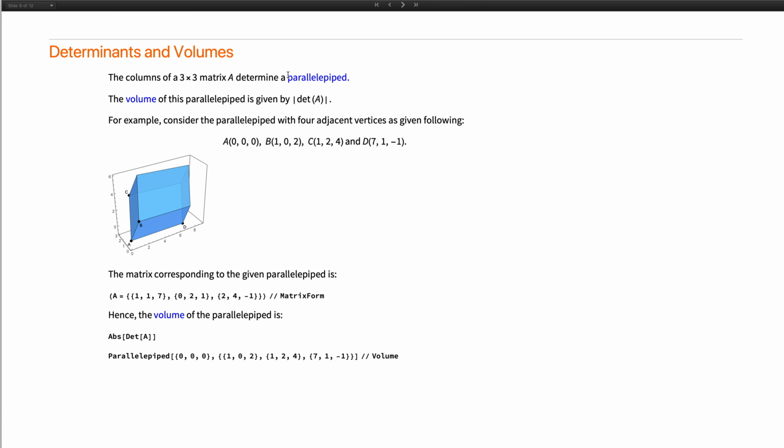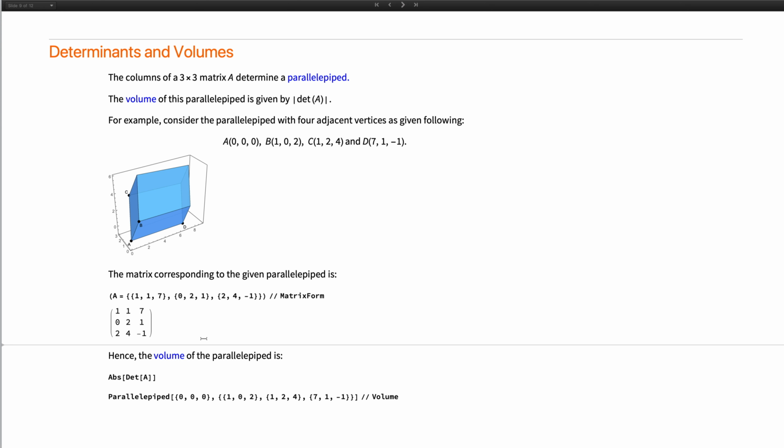Let's say in 3D, you have a parallelepiped which is determined by a matrix A. Then the volume of this parallelepiped is given by the absolute value of the determinant of A, just like in 2D. For example, here you have a parallelepiped which is determined by A, B, C, and D. You first write down the matrix, which is (1, 0, 2) from here as the first column, (1, 2, 4) from there, and (7, 1, -1) from there.